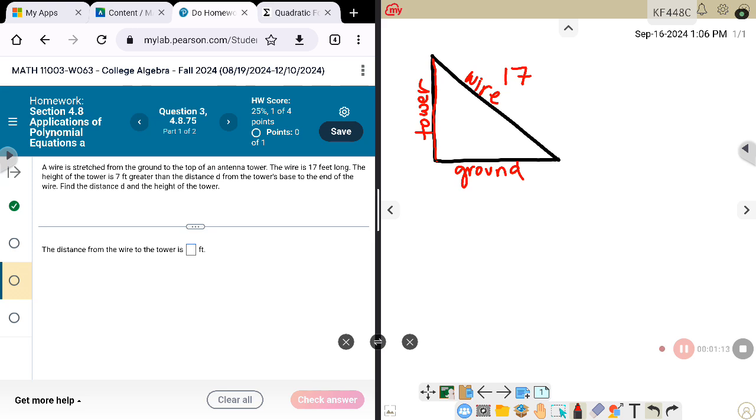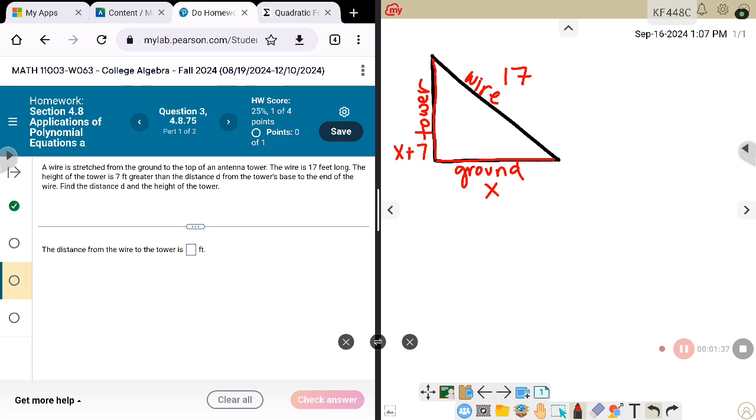So the tower's base is here, the end of the wire there. So the tower side is 7 feet greater than that ground side. So we're going to call the ground X. If the tower is 7 feet more than that, it's going to be X plus 7.